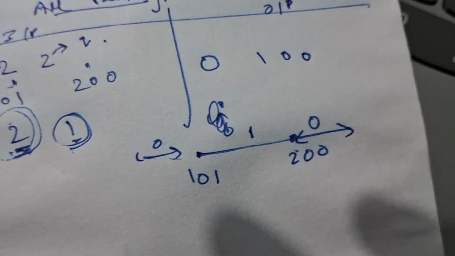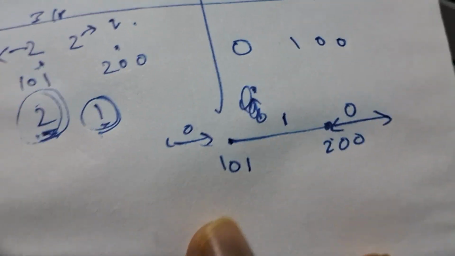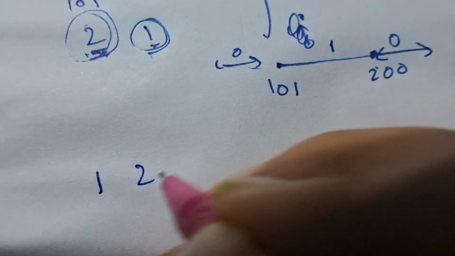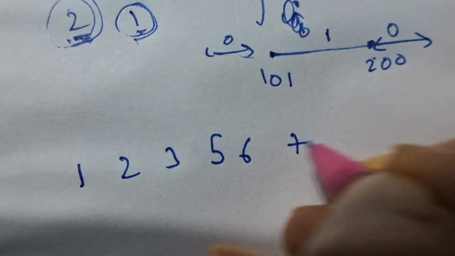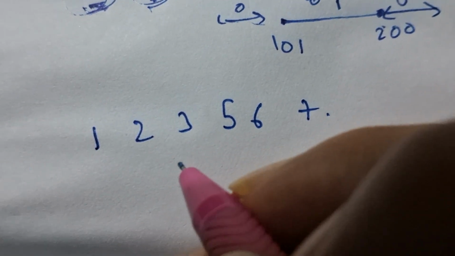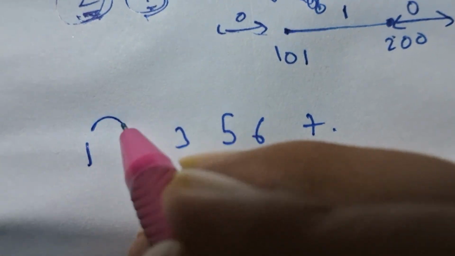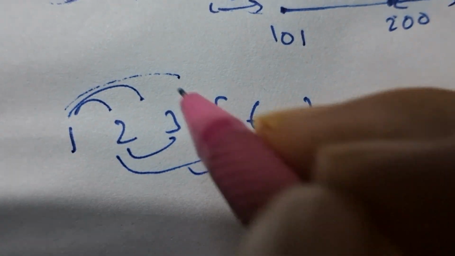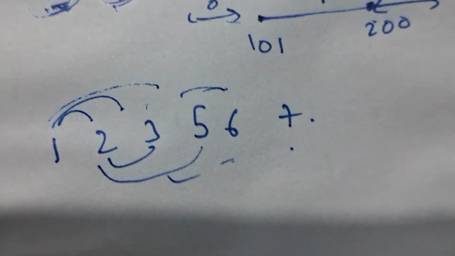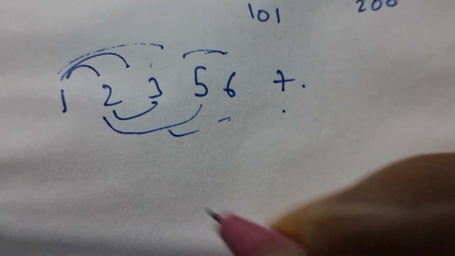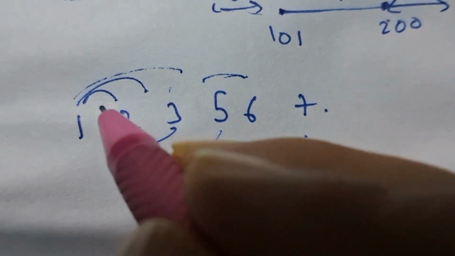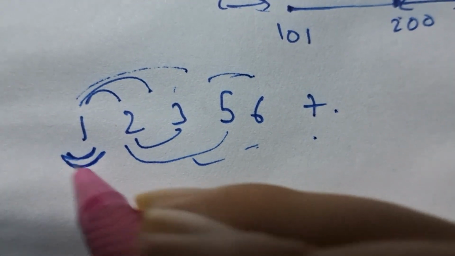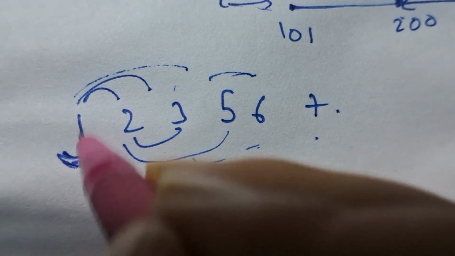Now let's check another example, so let's say we have 1, 2, 3, 5, 6, 7. In this case we are going to draw a line from 1 to 2, 1 to 3 and so on, then from 2 to 3, 2 to 5 and so on, and we go on doing this through the whole thing. Now if we look at it minutely, how many line segments does point 1 have?